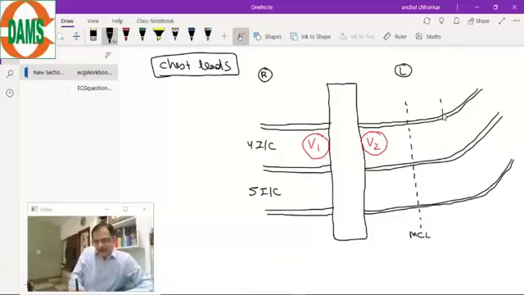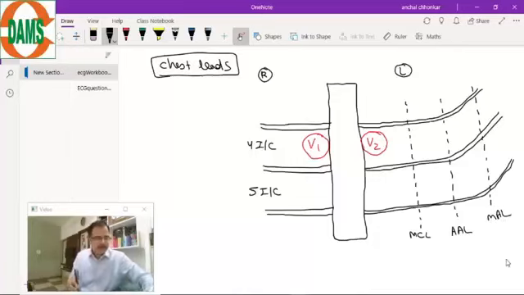Then anterior axillary line, and then mid axillary line. Mid axillary line. So these are the three vertical lines that we will take.